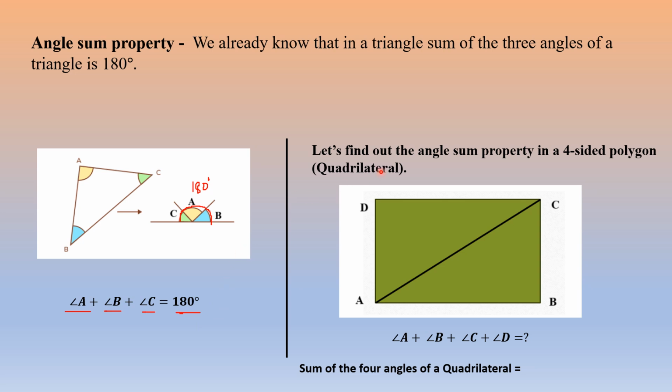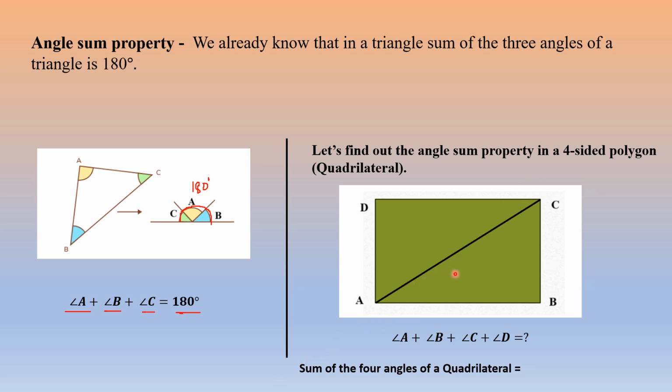Now, if we take a quadrilateral, a quadrilateral is a polygon which has four sides. So here I have taken a quadrilateral which is a rectangle. Here I have joined one of the diagonals of this rectangle, and I have got AC as my diagonal.